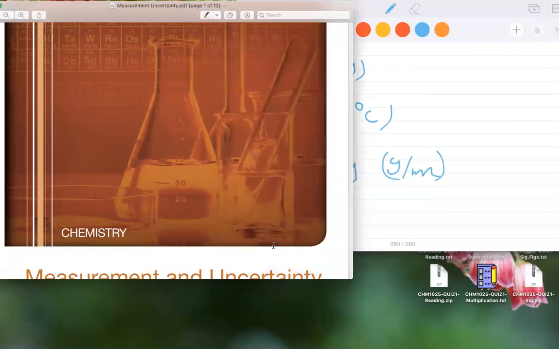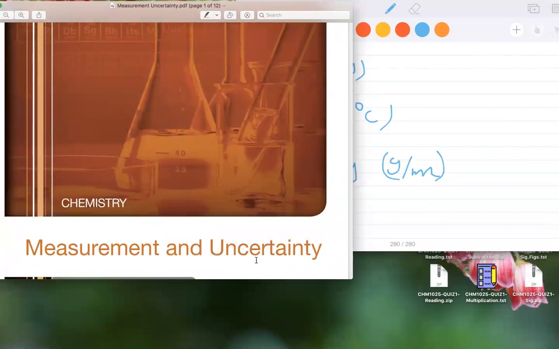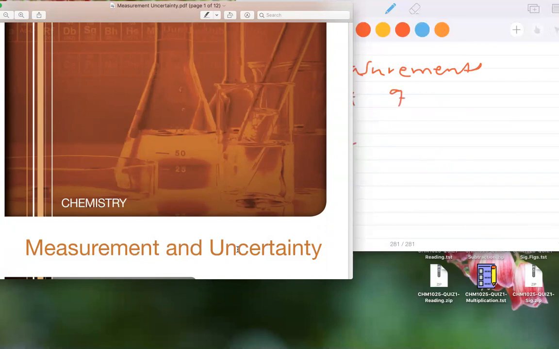There is a term here associated with measurement: uncertainty. It shows the degree of inexactness of a measurement. All measurements have some degree of uncertainty. All measurements consist of certain digits and one uncertain digit.